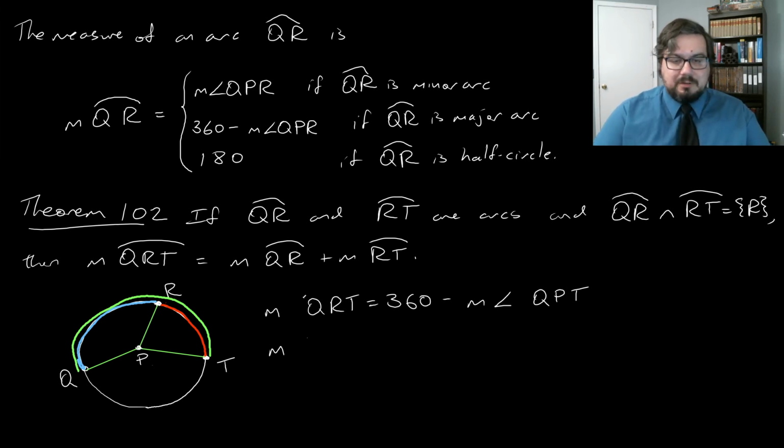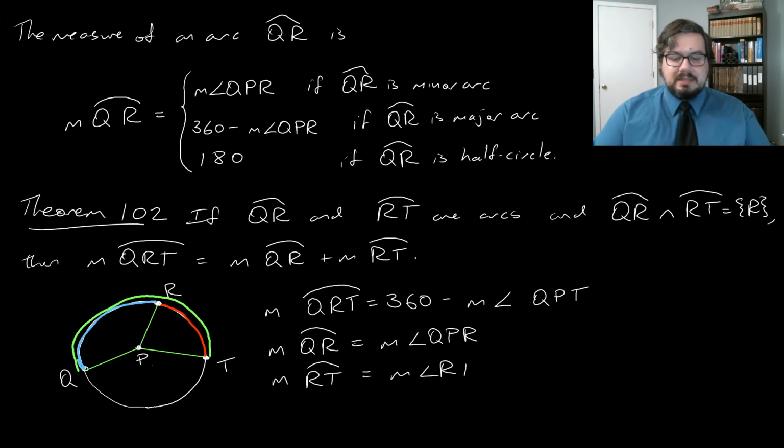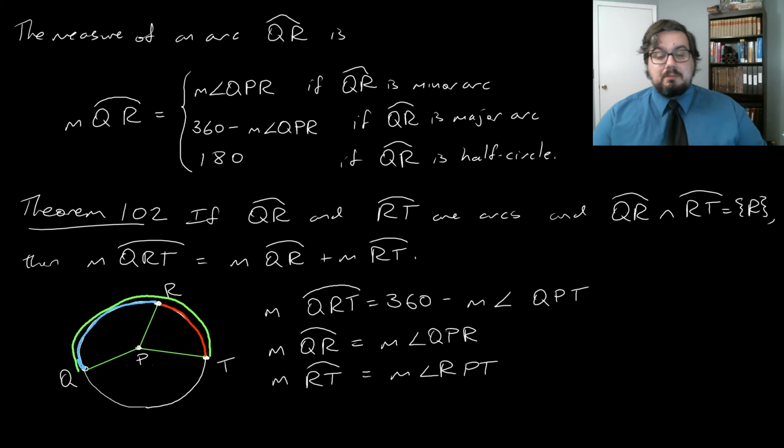We have that the measure of the arc QR is equal to the measure of the angle QPR, and the measure of the arc RT is equal to the measure of the angle RPT, because both of these arcs are minor arcs.